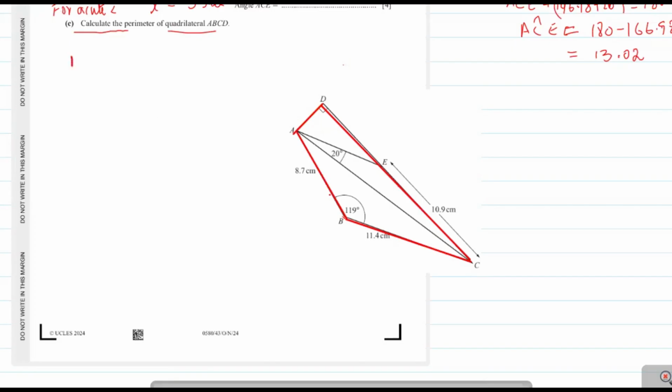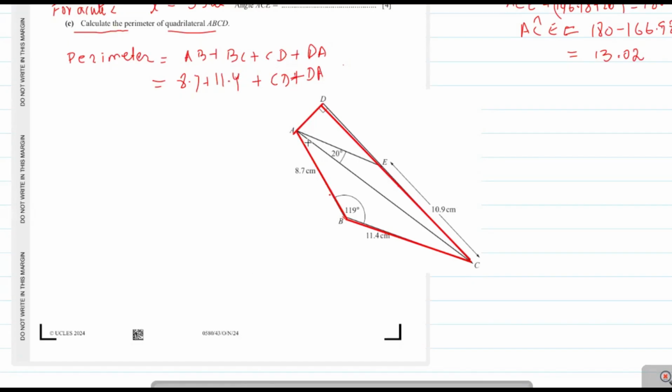This perimeter will be equal to the sum of all sides, AB plus BC plus CD plus DA. Look here, AB is 8.7, BC is 11.4, and the values of CD and DA are not given here.